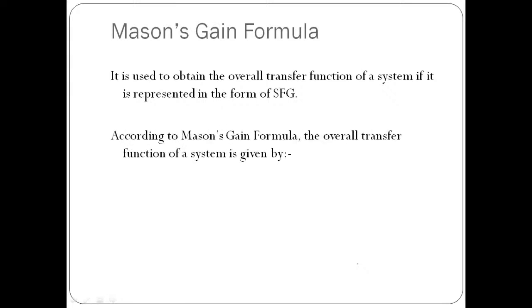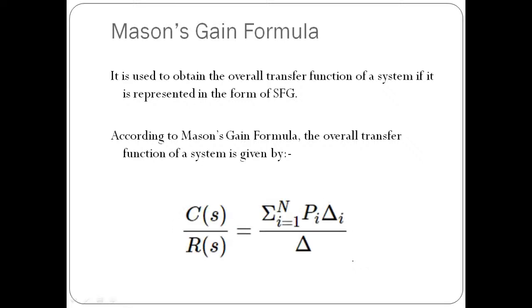And according to Professor Mason, the gain formula for the overall transfer function of a system is given by C(s)/R(s) equals summation i varying from 1 to n of P_i delta_i divided by delta. This is the formula through which we can derive the transfer function of a system whose signal flow graph representation is available with us.